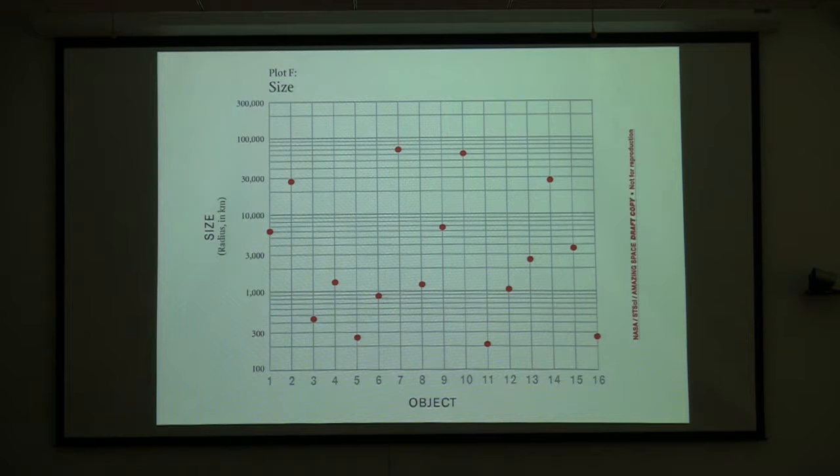So, if we were to plot mass versus size, what type of plot do you think we would get? If we plot one characteristic versus the other, mass versus size. Speak it out loud. You're allowed to be wrong.